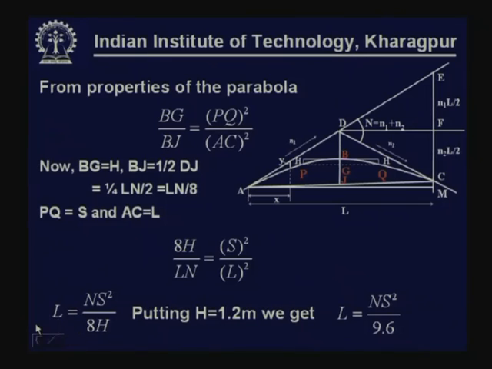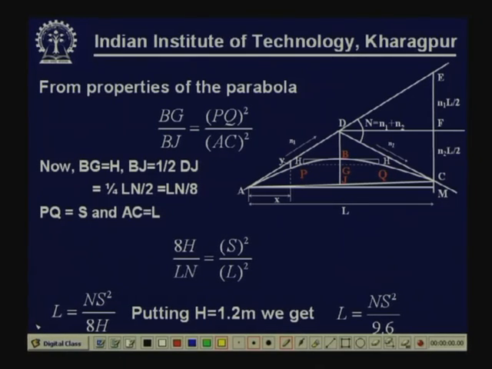Now, again from the properties of parabola, if we consider the same sketch, BG by BJ, J is the point here, G is the point here, B is the point here on the sketch. BG by BJ varies as the square of the distance, that means BG by BJ equal to PQ square by AC square.